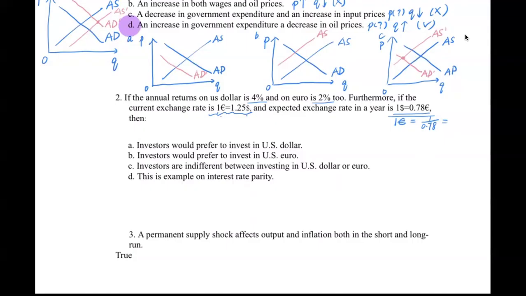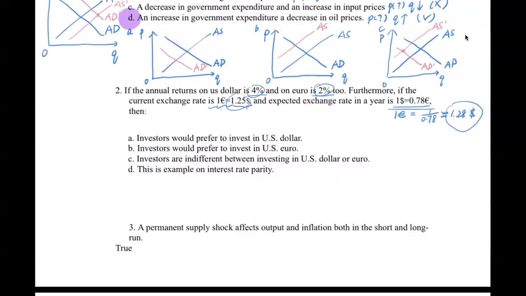It's approximately dollars. Okay. Now you know this information and you want to have the annual return on US dollar or euro, okay? For US dollar, it's 4, right?